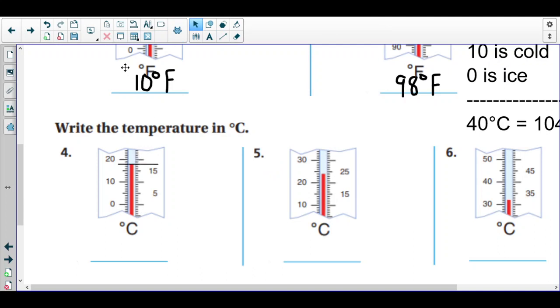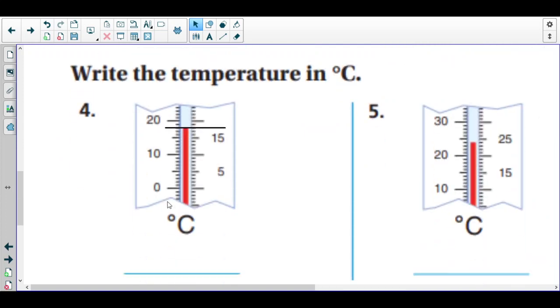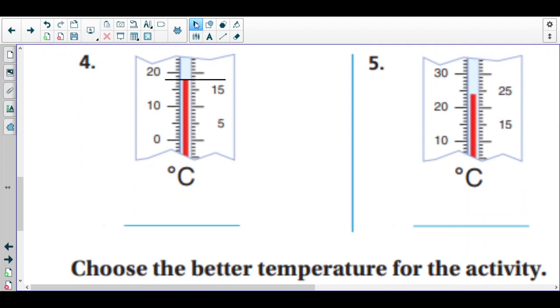Oh, there we go. That's looking pretty good. And let's zoom in here even more. And it would appear to be, let's see, there's 15, 16, 17. I think that we are looking at 18 degrees Celsius.